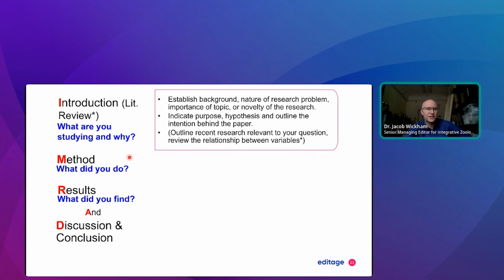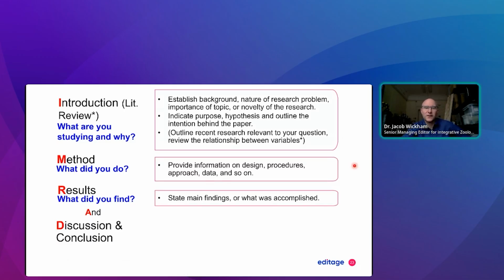The methods and results answer the questions: what did you do? What is your methodology? And the results is: what did you find? So this part of the paper, the methodology, provides information on design procedures, your approach, your data collection, also data analysis.